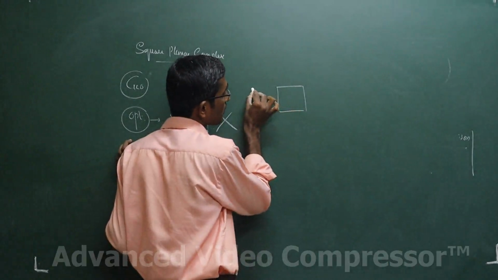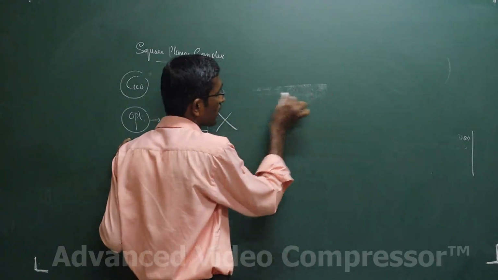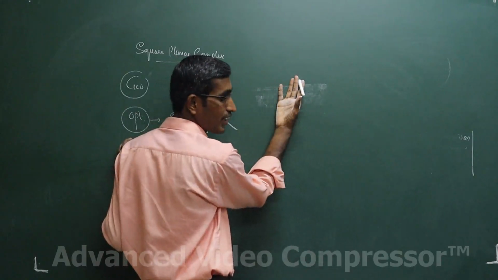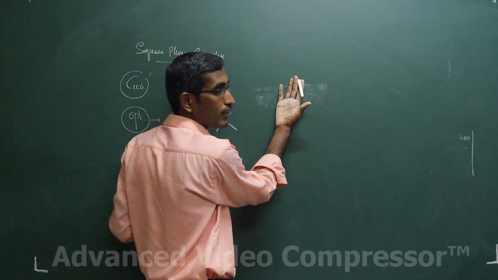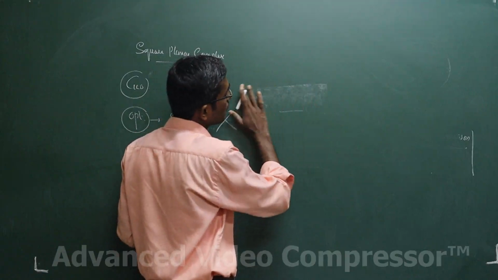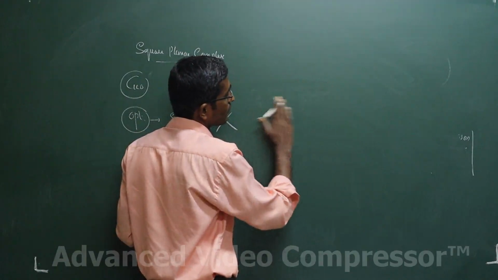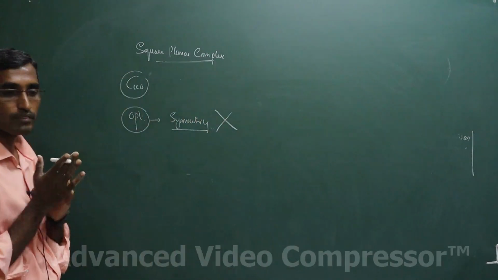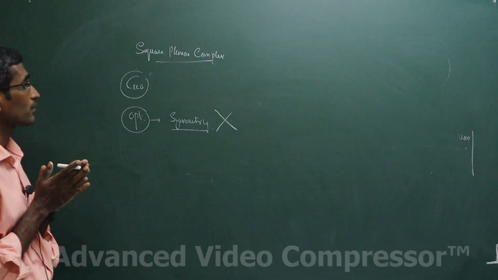If you keep a mirror in this plane, both sides are the same, a mirror image. The front and back side have nothing, so there is a plane in the system, and hence a plane of symmetry in the square planar complex. The name itself indicates it.